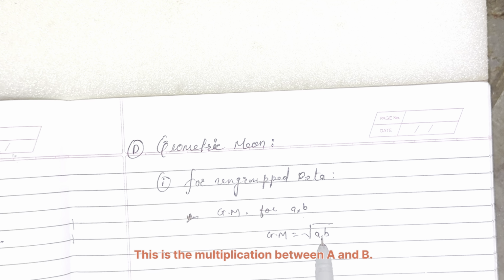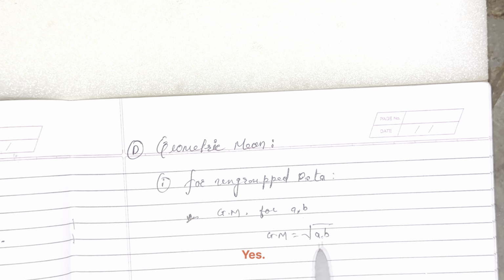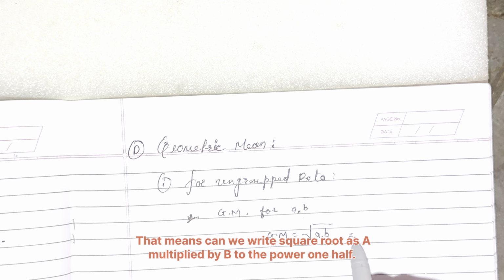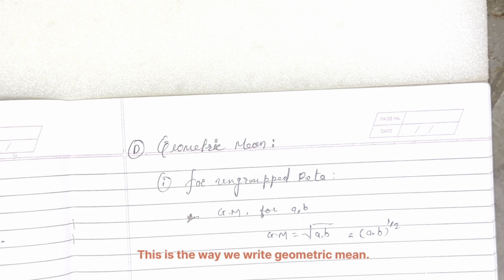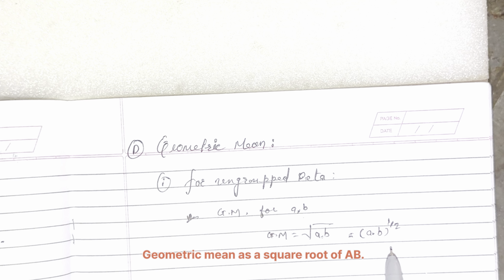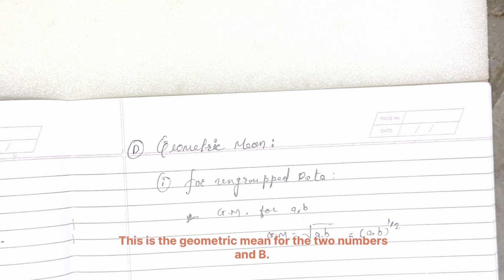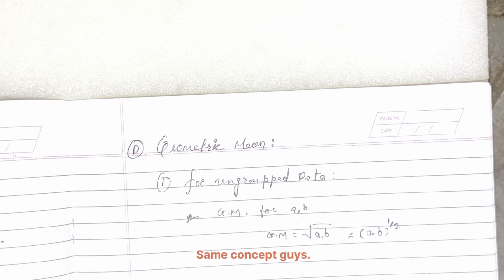This is the multiplication between A and B. Square root means we can write it as A multiplied by B to the power 1/2. This is the geometric mean for the two numbers A and B.